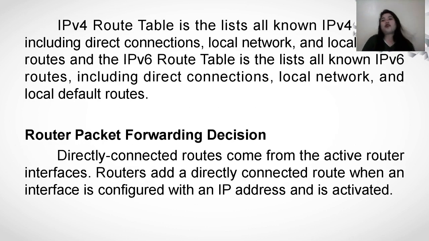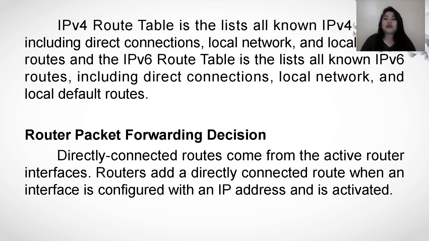Then the IPv4 route table lists all known IPv4 routes, including direct connections, local network, and local default routes, and the IPv6 route table lists all known IPv6 routes, including direct connections, local network, and local default routes.